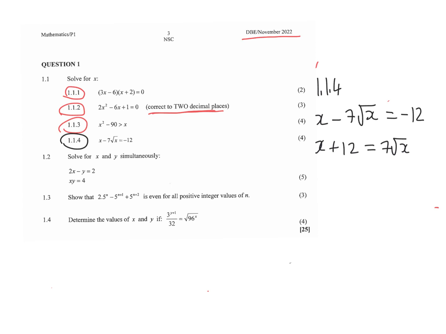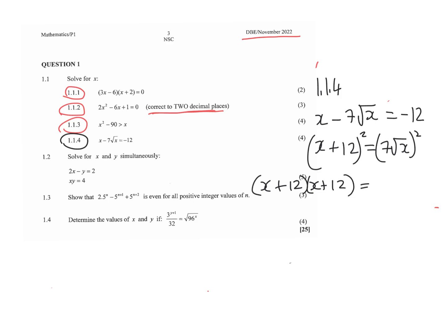Then we square both sides because we want to get rid of the square root. What we do on the right hand side, we can also do on the left hand side. Then on this side, we are going to have two brackets, (x + 12)(x + 12).